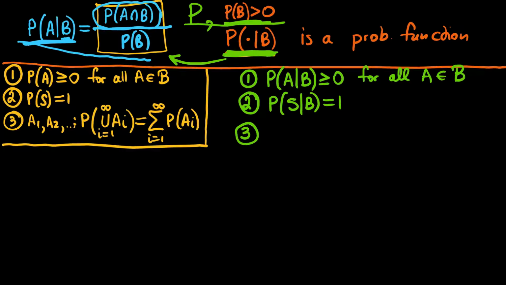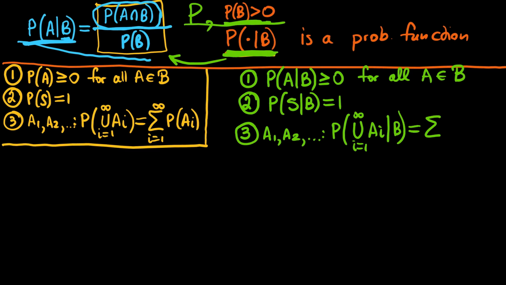And then the third one would be that given pairwise disjoint sets A1, A2, and so forth, it is true that the probability of the infinite union of Ai conditional on B is equal to the infinite sum of the individual probabilities, but now conditional on B. Okay, so that looks right.